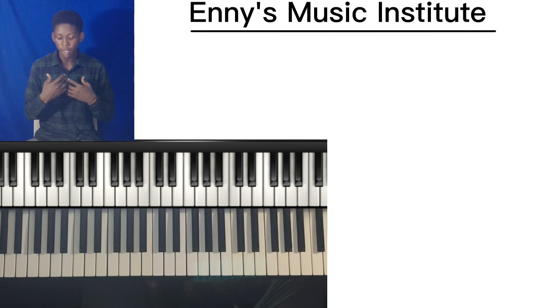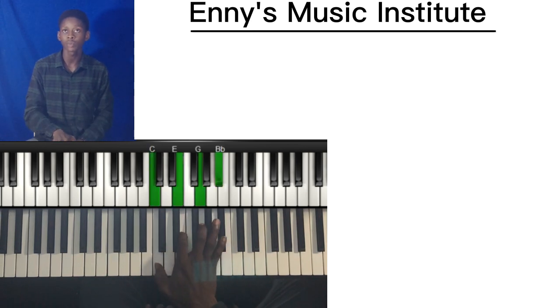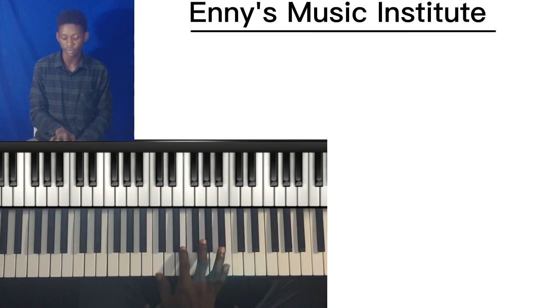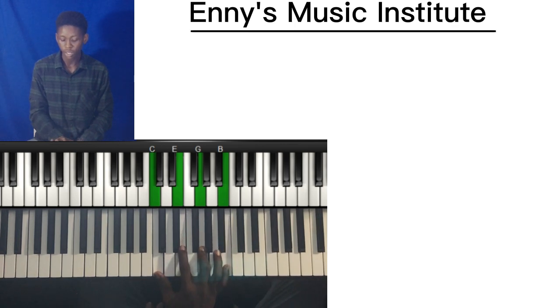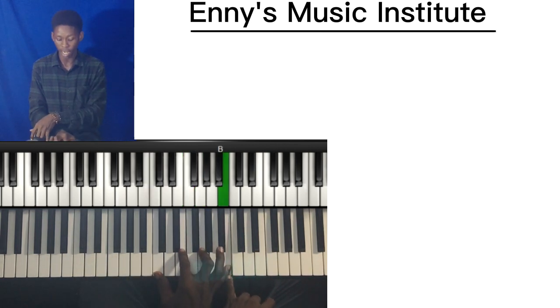So now what if we had, let's say, a 4-note chord? This is a C dominant chord or C major 7th. So now how am I going to play drop 2 of this chord? The second highest note. This is the highest. This is the second. So for drop 2, you are counting from the highest: 1, 2.